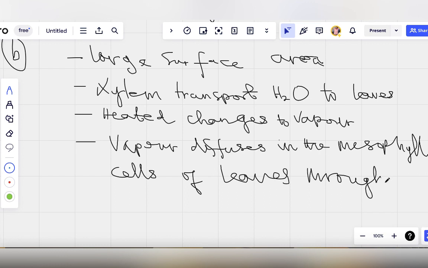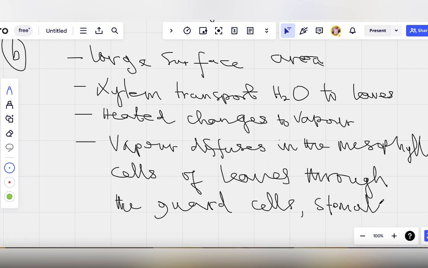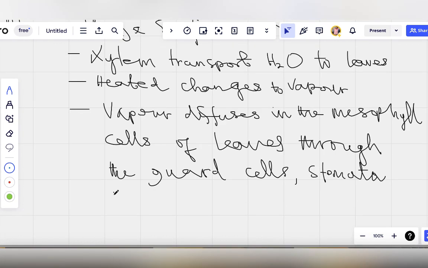Through the guard cells, stomata, into the atmosphere.